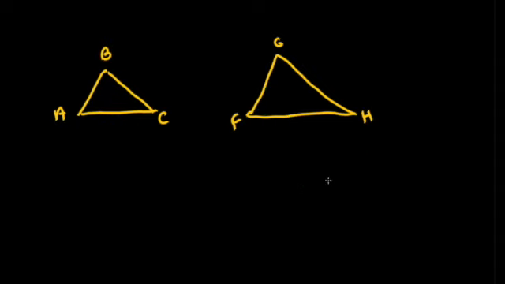The last postulate we're going to learn about today is called the ASA postulate. This is when we have an angle, a side, and an angle that are known. So for instance, if we had angle A, side AC, and angle C, and we knew that those were congruent to this triangle, then we could go ahead and use the ASA postulate to prove that these 2 triangles are congruent to each other.